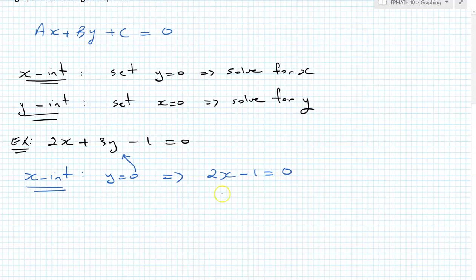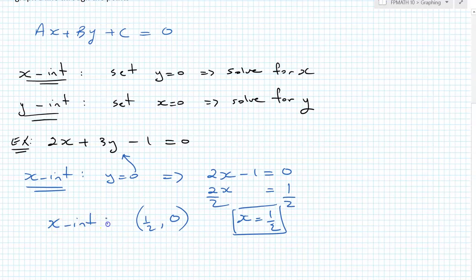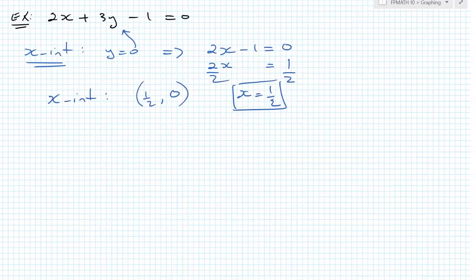We want to solve this equation for x. 2x equals 1. Divide by 2, isolating x on its own. So the x-intercept is x equals 1/2. The coordinate is 1/2 comma 0. That is your x-intercept. Now let's look at the y-intercept.